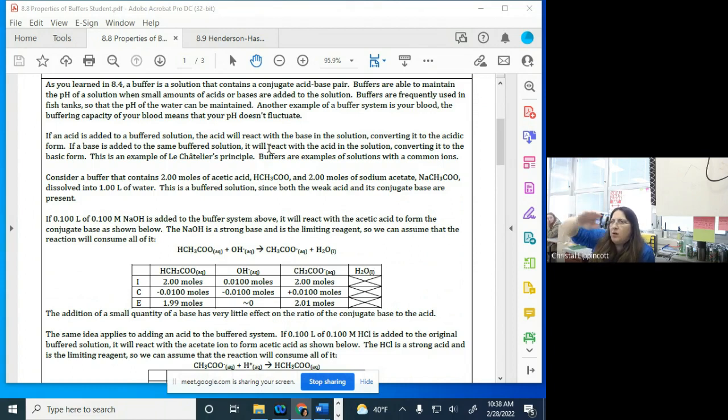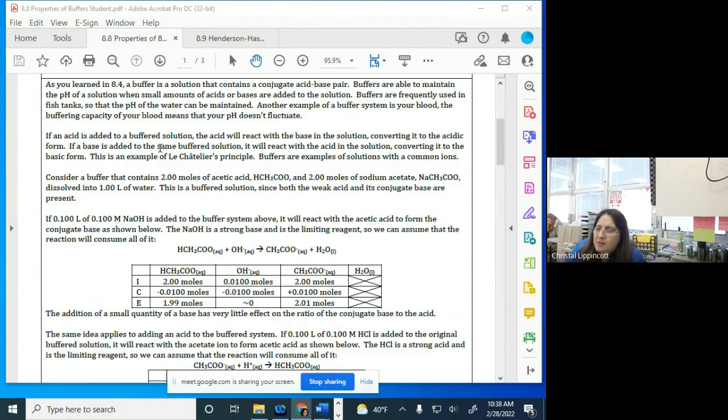That area, where it was almost horizontal, was a buffer system. So you were in the land of buffers at that point. You were creating buffers, okay? You can look at that evidence and see that it was regulating the pH. It wasn't changing much at all.